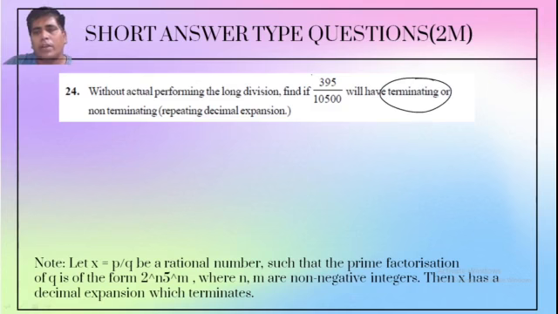For terminating, the denominator we should write in the form of 2 to the power of m into 5 to the power of n. Already you know that if you can write the denominator in the form of 2 power m into 5 power n, that is enough to show that it is terminating. In any other form, it is non-terminating.